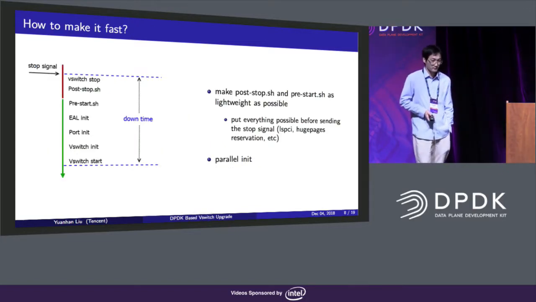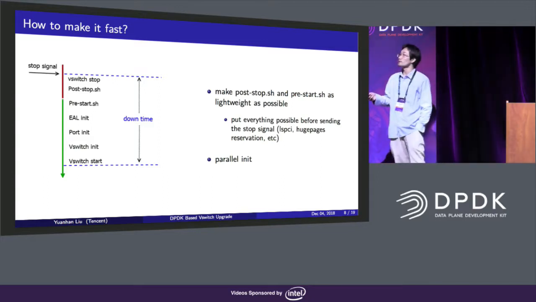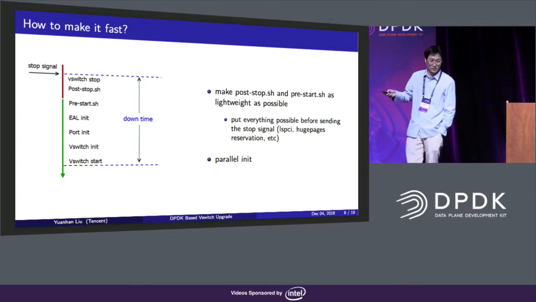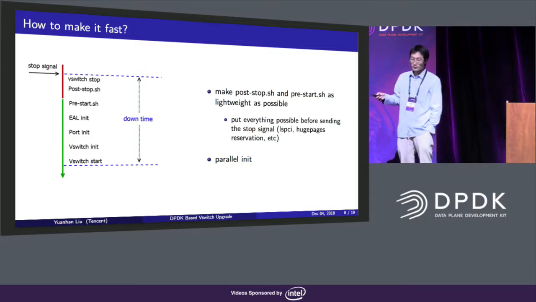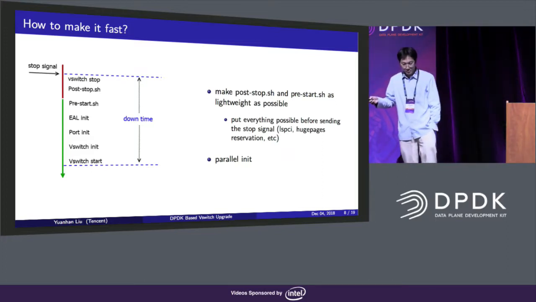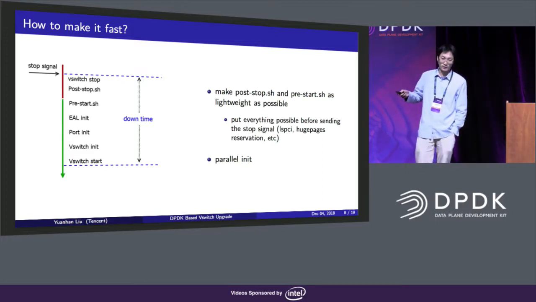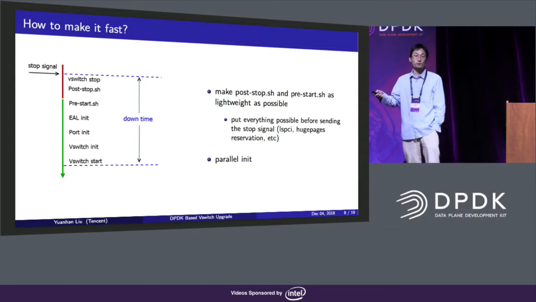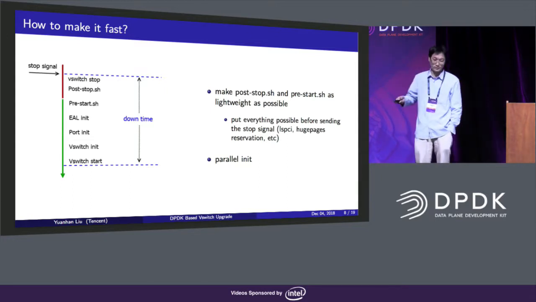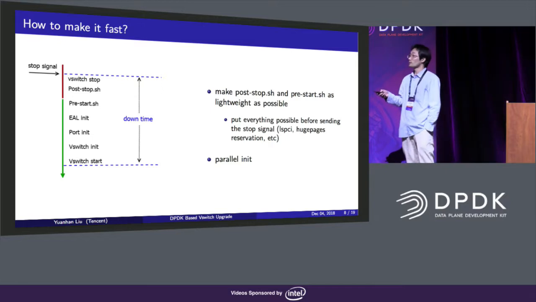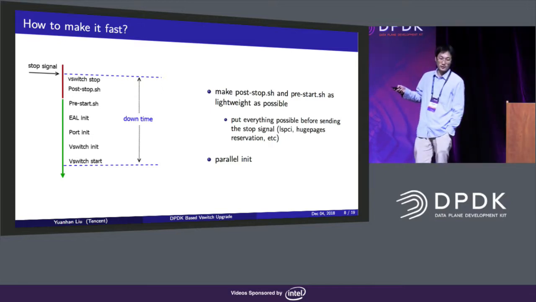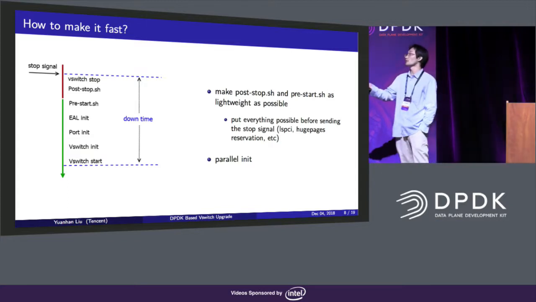So how to make it fast? On the left, you can see a short figure actually. So this is a quite common way to upgrade a program, which is just to restart: first you stop it and then restart it. And here, this is how the vswitch restart works.